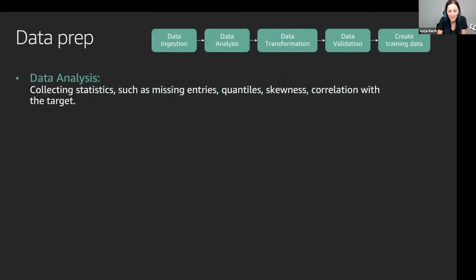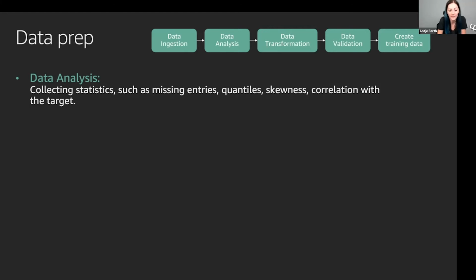So let's have a quick look into the data prep and the model prototyping phase, because those are really the steps where automated machine learning can help you. Looking at this first stage around data preparation, I briefly mentioned it. First of all, you're going to analyze your data, right?